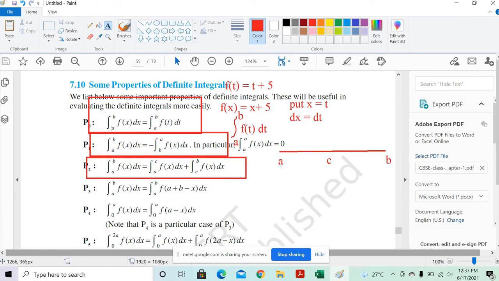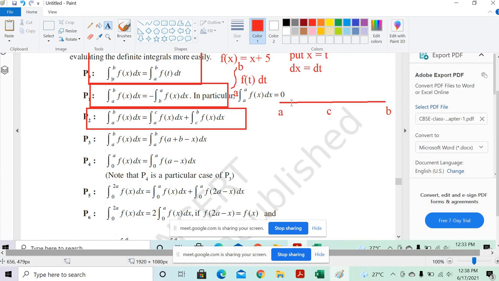So it is as good as you integrate from limits a to c and then c to b, and add them. The x value will range from a to c and then c to b. You are dividing the limits, but the integration remains the same. So a to b can also be written as a to c and then c to b. Got it? Yes, sir. Clear? Any questions? Any doubts?